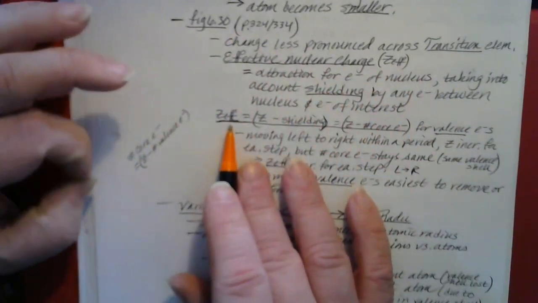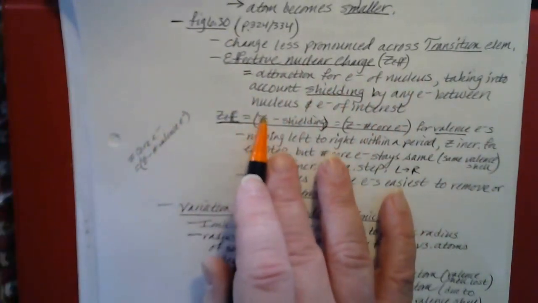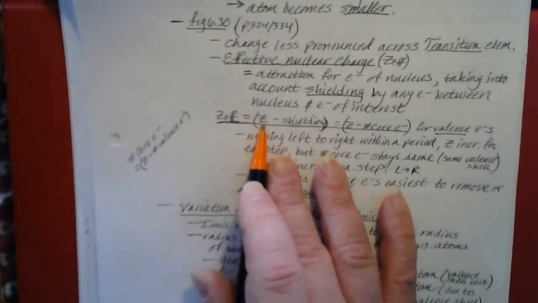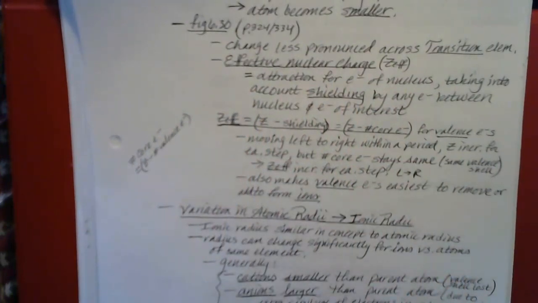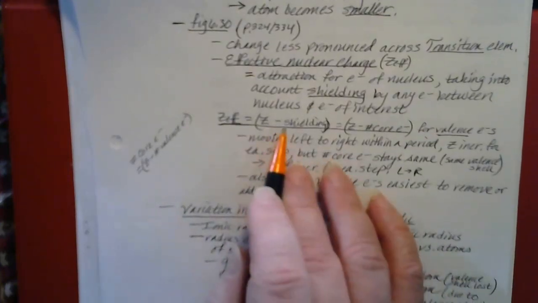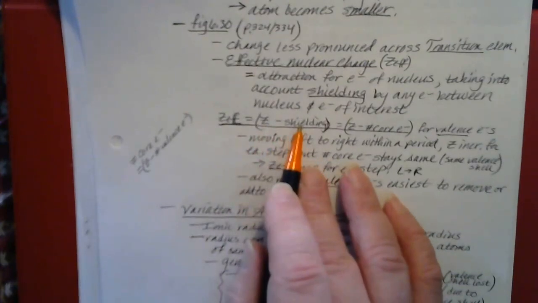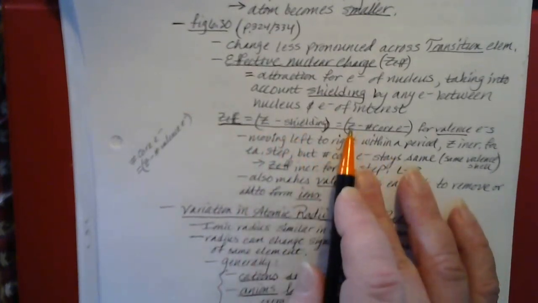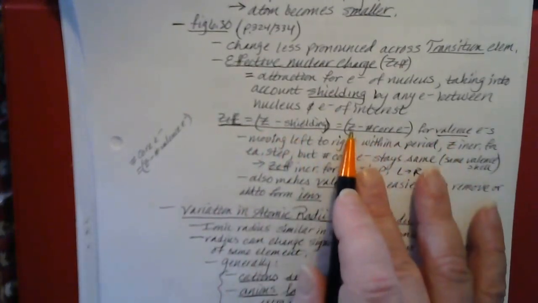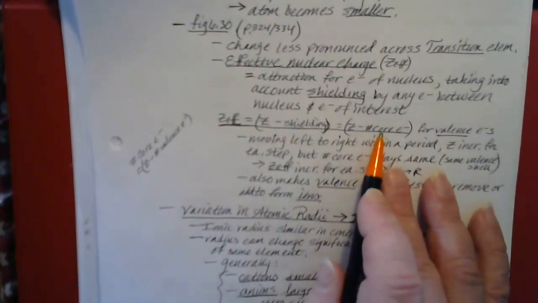The effective nuclear charge is given in the book as Z, the atomic number, which is the number of protons in the nucleus, and which is the positive charge on the nucleus. If you've got 3 protons in the nucleus, then the nuclear charge is +3. So atomic number minus the shielding. They don't really go on to explain what shielding means. What shielding means, if you're talking about a valence electron, is the number of core electrons.